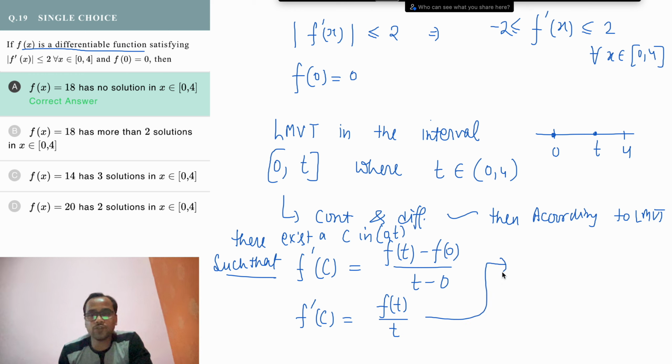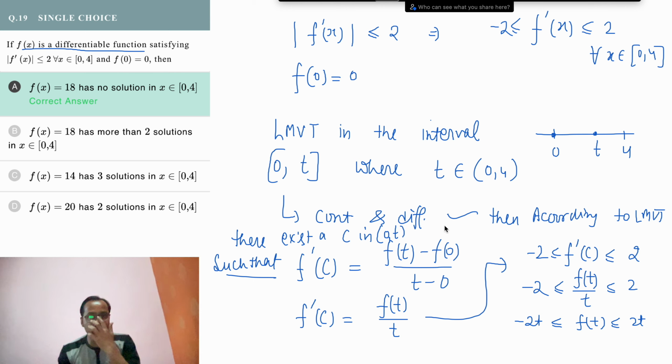But according to the question, f dash c is from minus 2 to 2, because c is in between 0 to t, so it is in between 0 to 4, so that's minus 2 to 2. That means f(t) upon t will also be between minus 2 and 2. You multiply by t in each term, it would be minus 2t less than or equal to f(t) less than or equal to 2t.